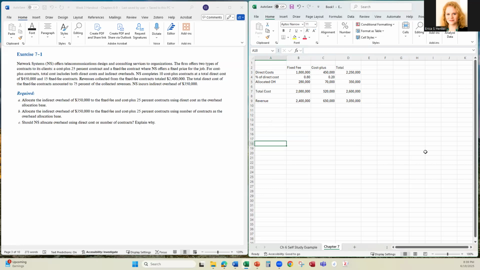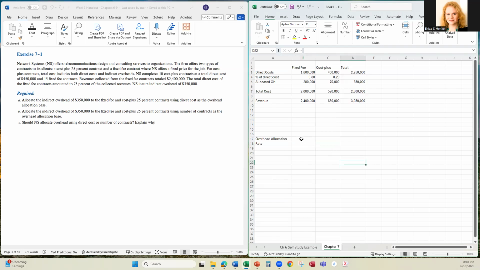Okay. So what they're doing here is they're calculating what is referred to as an overhead allocation rate. And to calculate an overhead allocation rate, typically what you do is you're going to take the total budgeted costs and you're going to divide it by the total allocation units. All right.